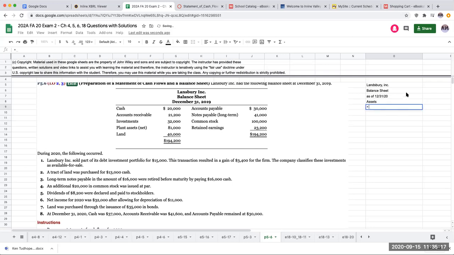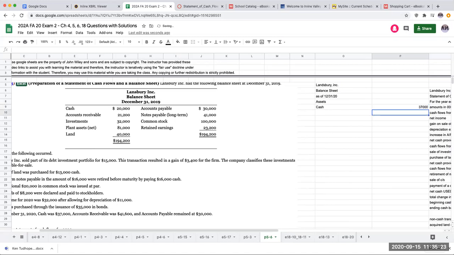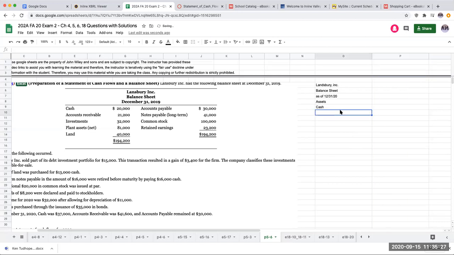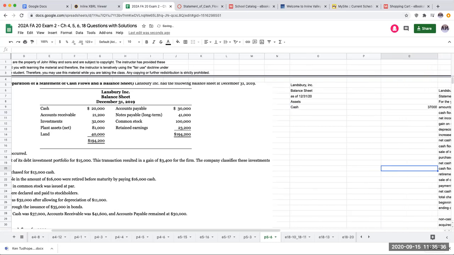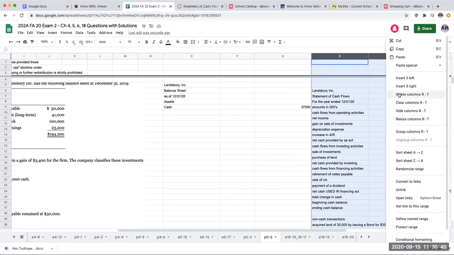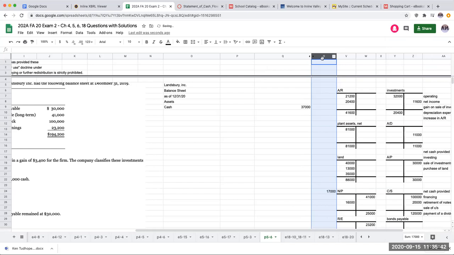So my assets here are going to be cash. So my ending balance in cash was 37,000. I'll put in one more column over here. Okay. So next one over here is going to be accounts receivable. There we go.